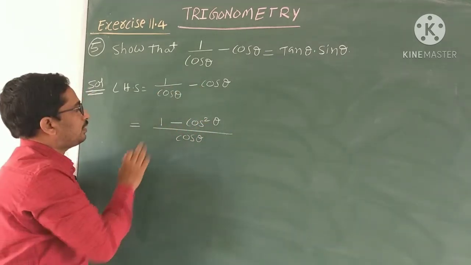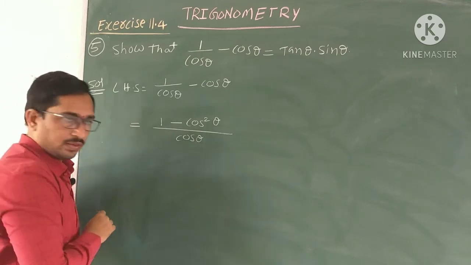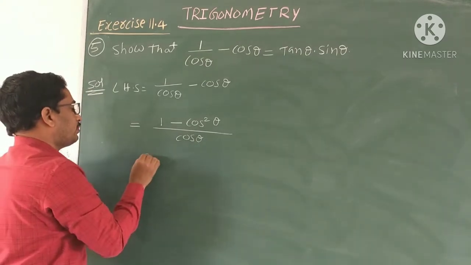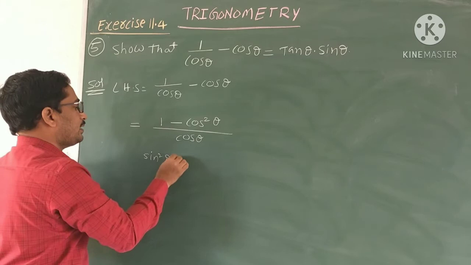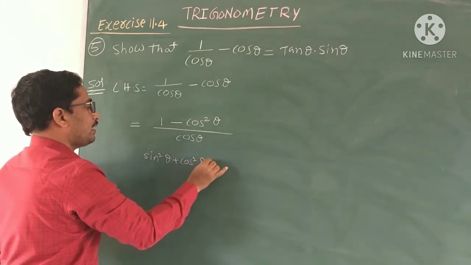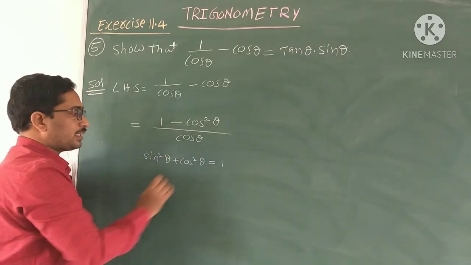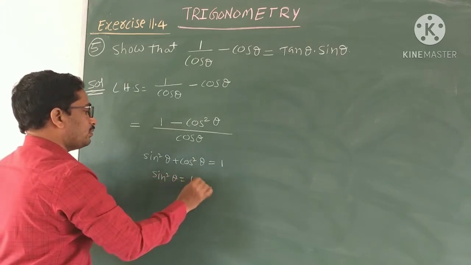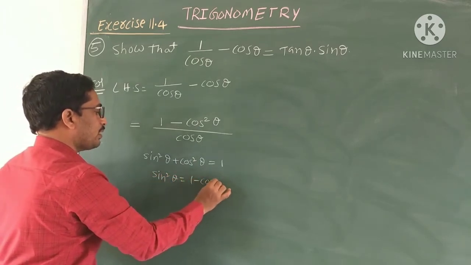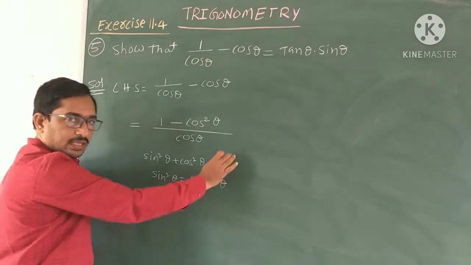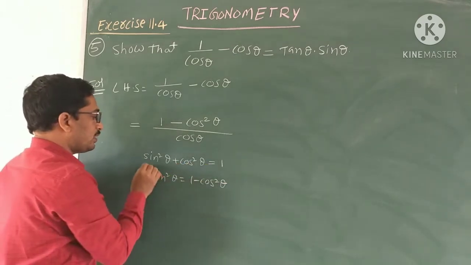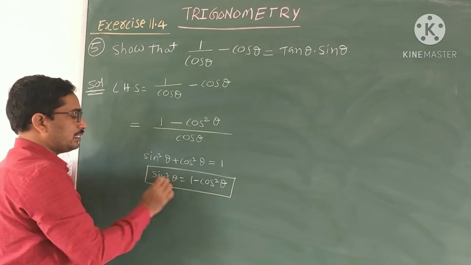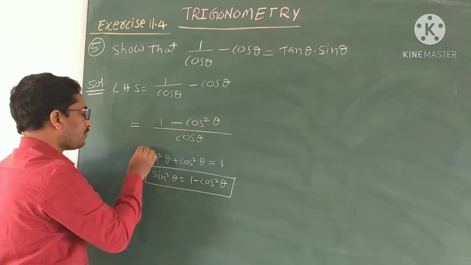So what is the value of 1 minus cos square theta? From the trigonometric identity, sin square theta plus cos square theta equals 1. Transpose cos square theta to the right side: sin square theta equals 1 minus cos square theta. So 1 minus cos square theta is sin square theta.